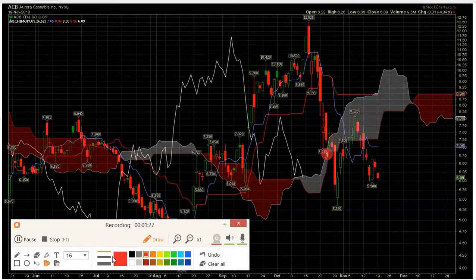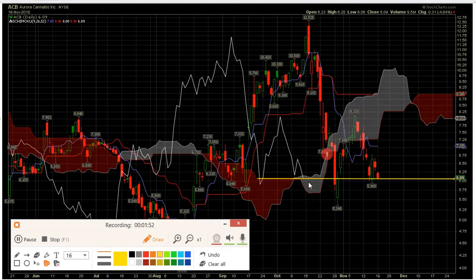What is happening with the second point, which is price relative to the Kumo shadow? Now, here's a quick lesson in the Kumo shadow. The Kumo shadow trades behind the current price, and this would be a support zone that the Kumo shadow gives to price. Now, look at that. This section here is part of the cloud in the past.